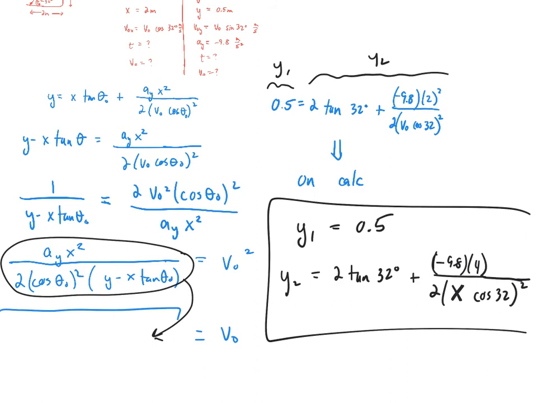So it looks really confusing, but if you step through it one step at a time, you'll see where everything is pointing out. So let me go through it here again. This right here is the numerator of the second part that we're adding in the trajectory equation. This is the entire denominator. I'm starting by putting open parentheses to make the denominator 2 times x cos 32, but I want to square x cos 32.